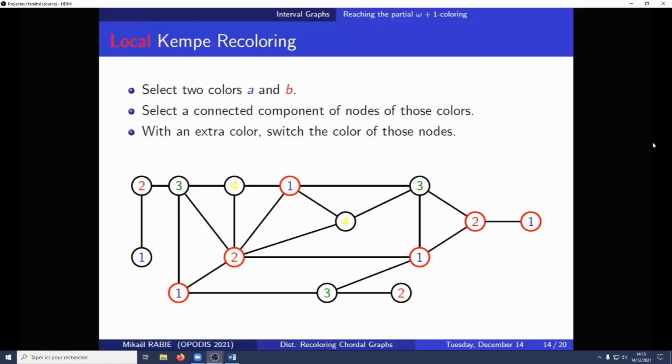For example, let's say that we don't want the node of color 1 on the right to change its color. Then we will use the color number 6 to cut aside the components that we no longer want to change. And now with this 6 over there, we will be able to perform the change without touching this node.